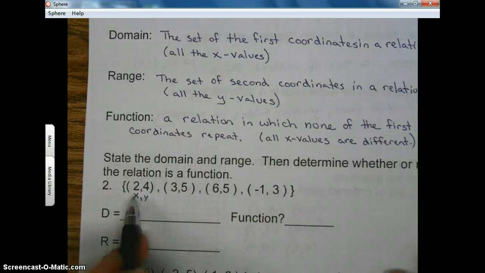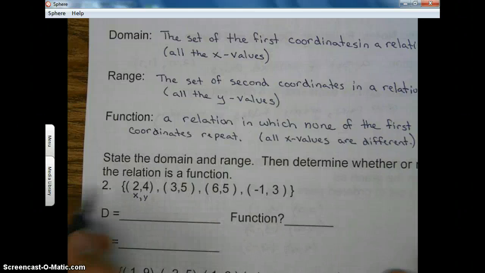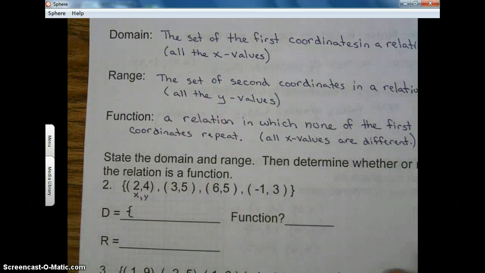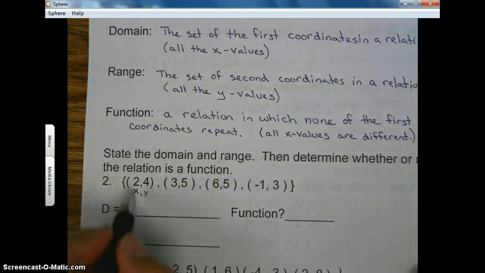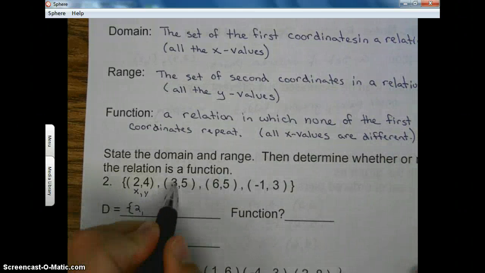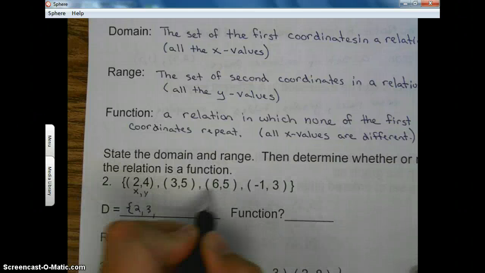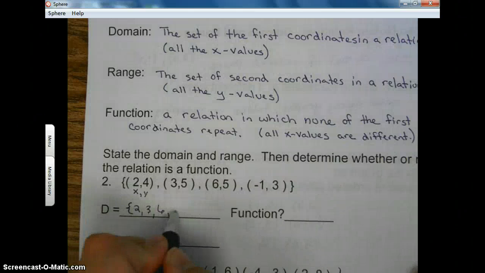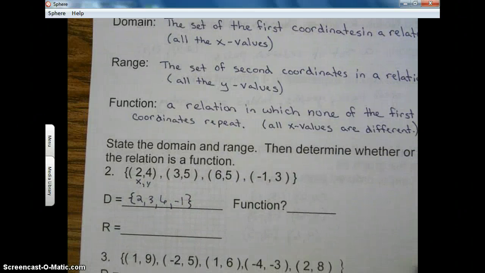So I'm going to list all my x values out, using set notation, so I'm going to use a bracket here. So {2, 3, 6, -1}. And there's our set for our domain.